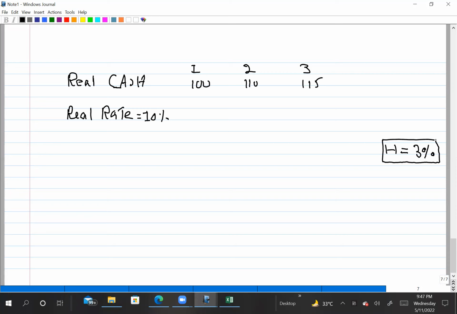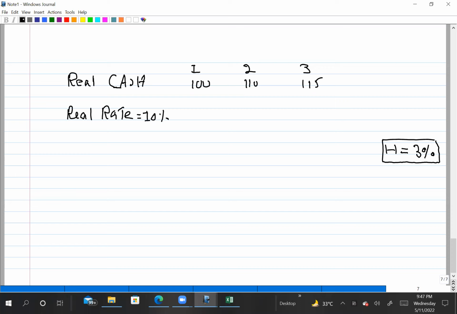So if I have real cash flows, I told you that we will use the real discount factor, and the real discount factor will be 10%. The discount factor of year 1 will be 1.1 raised to power minus 1.